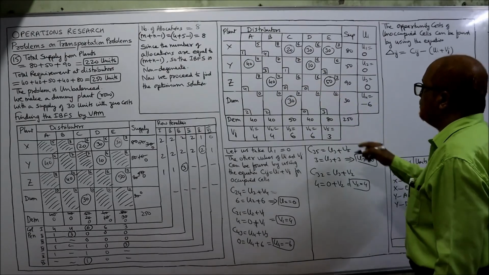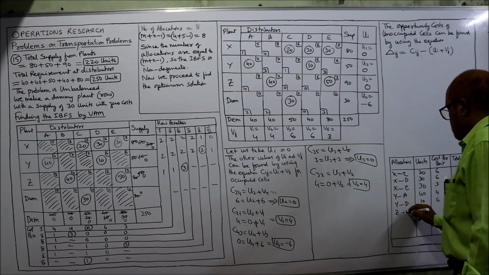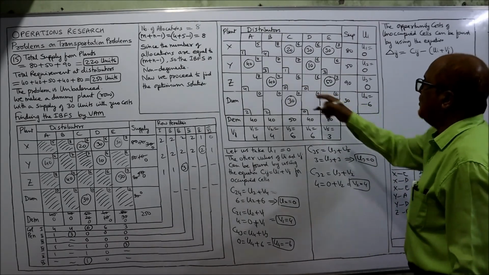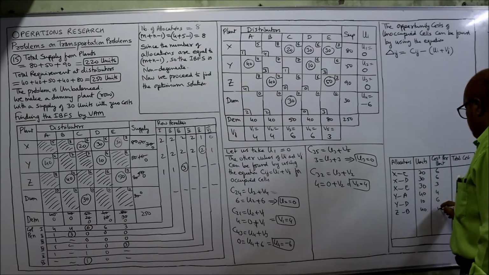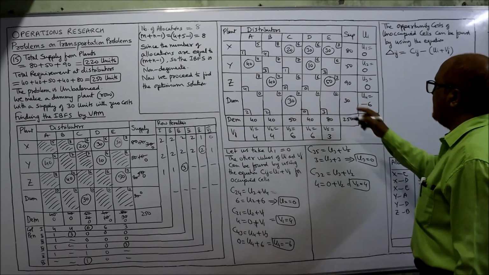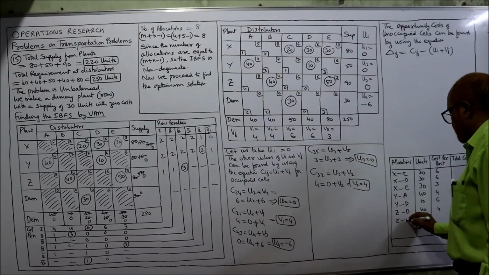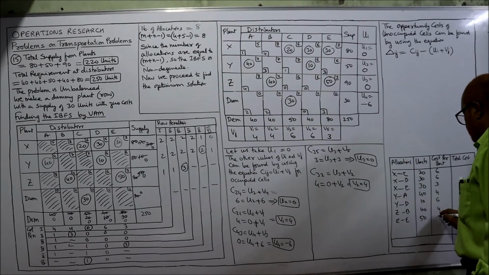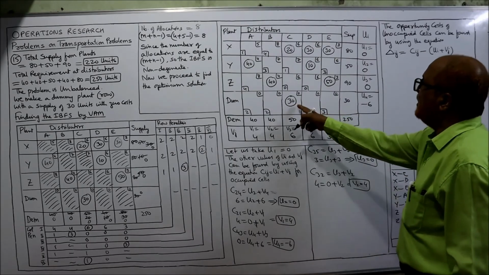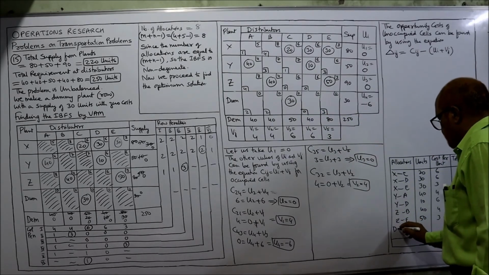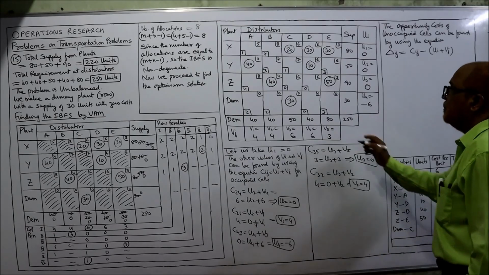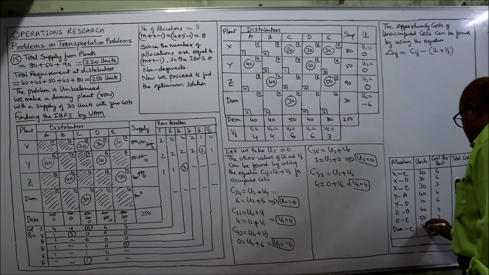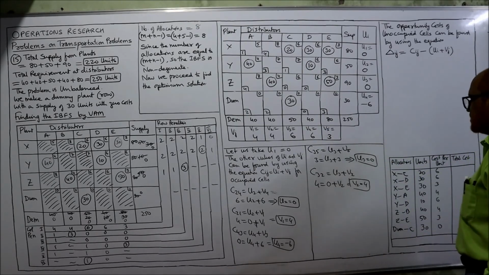Then Z to B, 40 units, 4 rupees. Then next Z to E, 50 units, 3 rupees. Lastly, dummy to C, 30 units, 0 rupees. That's all.